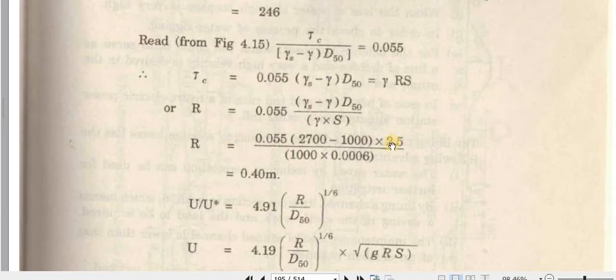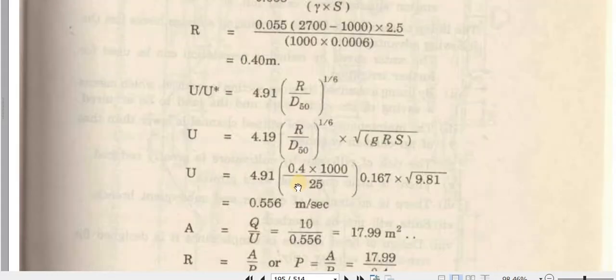We can calculate U as 0.556 meter per second. You can see here D50 is 2.5 over 1000; it is entered in millimeter here. The parameter here was 0.4 meter. You have to enter it in millimeter.